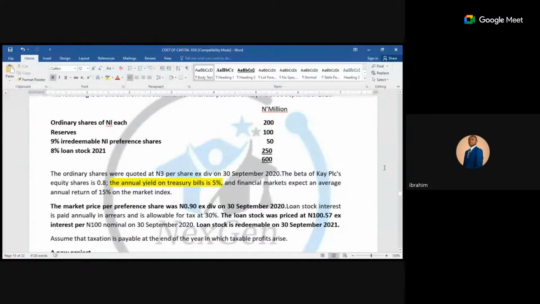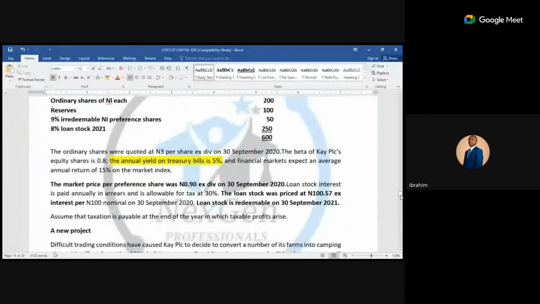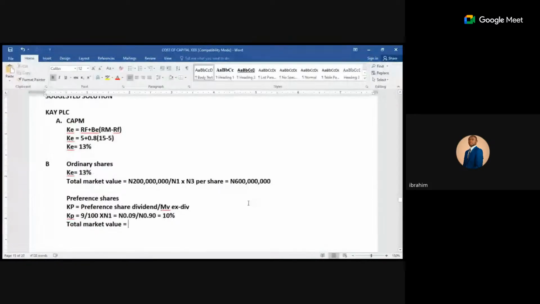Okay, that's fine. Makes sense. 50 million divided by 1 naira, times the market value ex-dividend per share, 0.90, right? 0.90 per share.